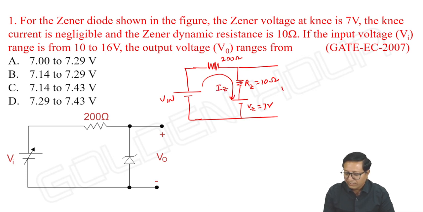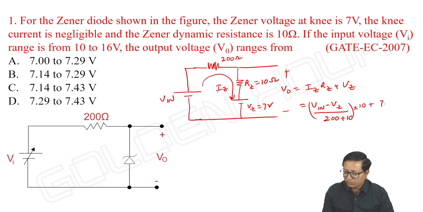V output is equal to Iz into Rz plus Vz. And Iz is V in minus Vz by 200 plus 10. So Iz into Rz, with Rz equal to 10, plus Vz, which is 7.